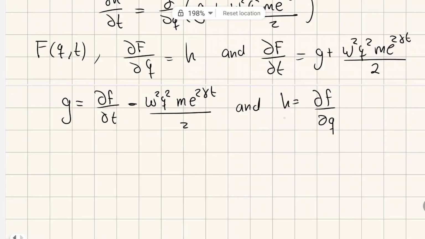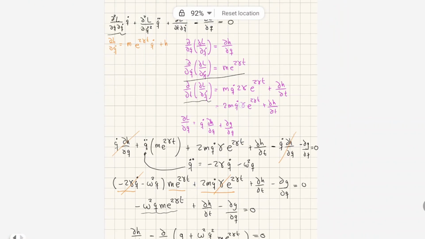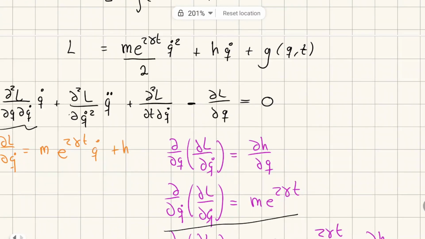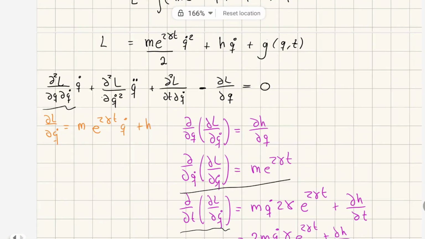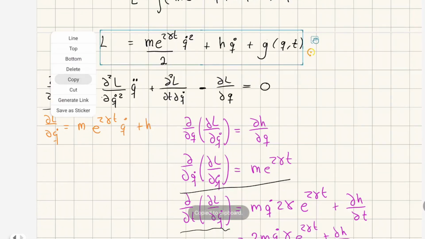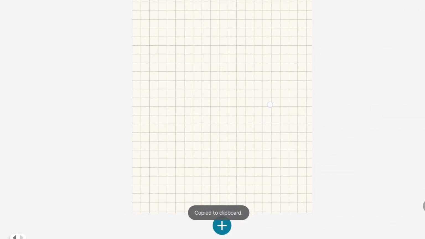Remember that these are the functions that we didn't know in the definition of the Lagrangian that we found. We found this Lagrangian for that differential equation, but we found two unknown functions, h and g, that we wanted to find. So that means that we can write those functions h and g in terms of the function f.